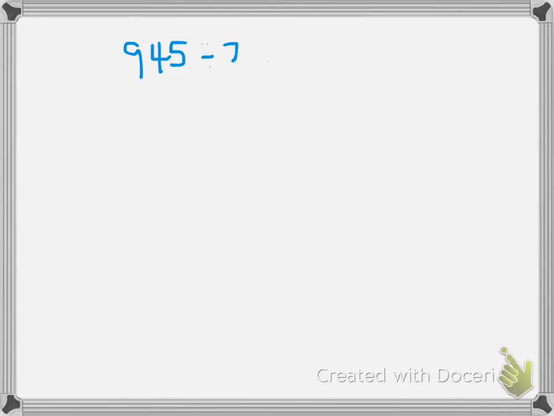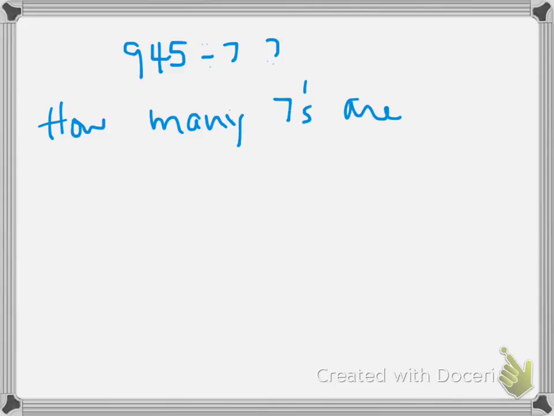And I asked the question, well, how many sevens are in 945? Okay, and I'm going to take a number that works pretty nicely for me. I'm going to say there's 120.